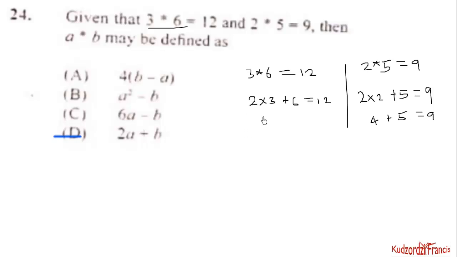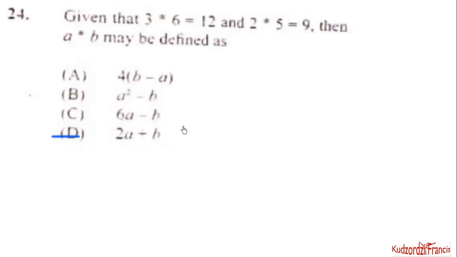In the same way here, 6 plus 6 is equal to 12. So this means that the operation is, if you take A star B, then multiply the first one by 2, which is 2A, then add the second one, which is B. So the correct answer is D.